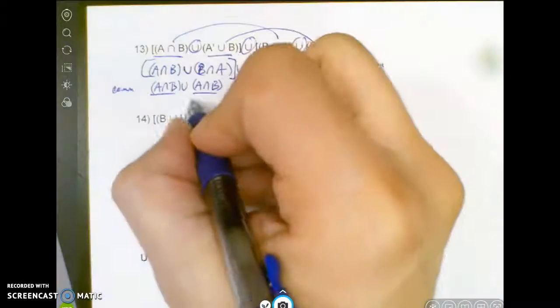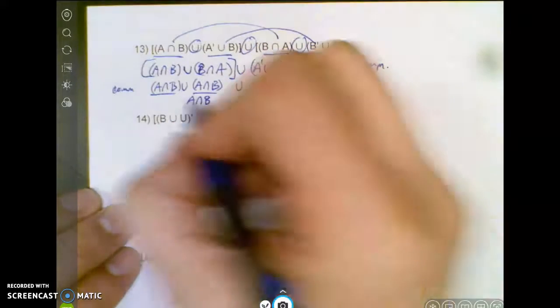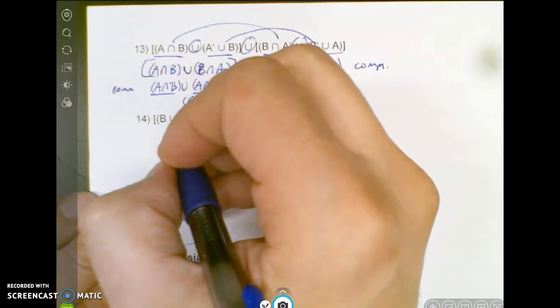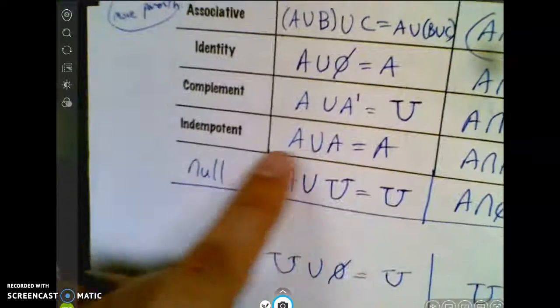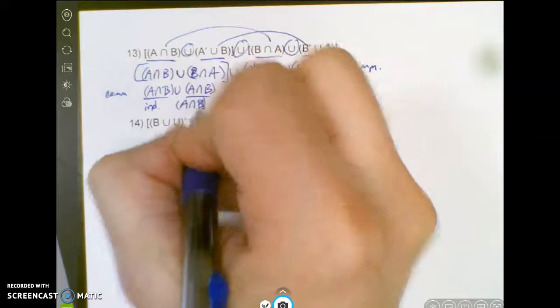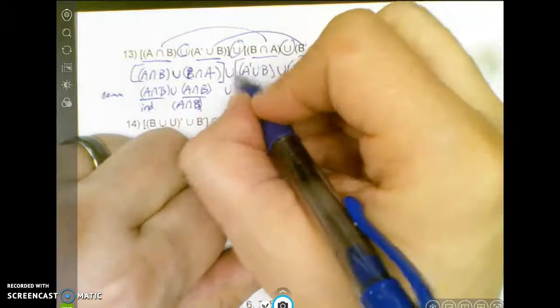You don't need to write it twice. So it just boils down to A intersect B. Okay, that's what all of these do, and that is the idempotent property. Okay. Now the right side is even nicer because see how they're all unions?